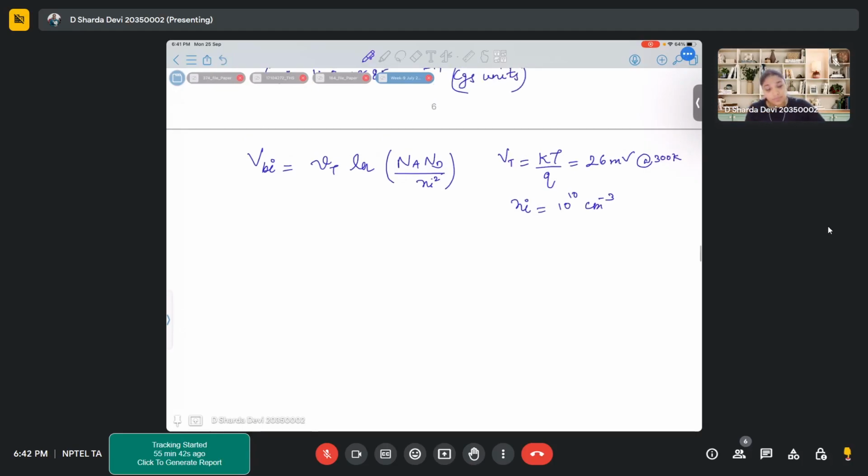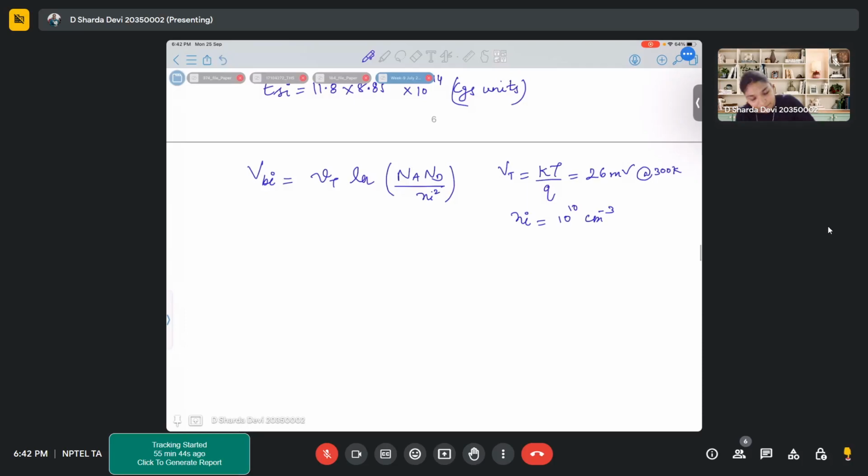So for NMOS and PMOS, we will find these built-in voltages. So Vn is 0.026 ln (NA ND upon Ni square).